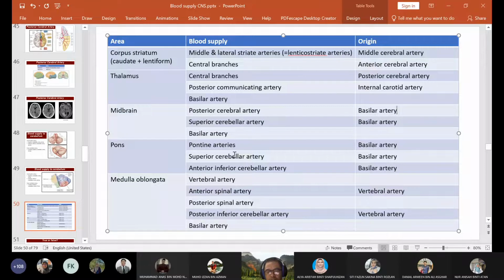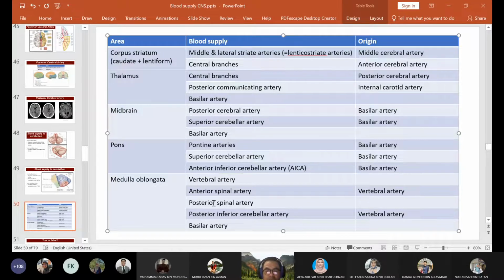Okay, pontine artery, superior cerebellar, although it's supplying the cerebellum, it is also supplying the pons along the way. Right? Another branch of the basilar artery is also supplying the pons. Okay. If you look at the medulla oblongata, which is inferior to the pons, you have vertebral artery, which makes sense.